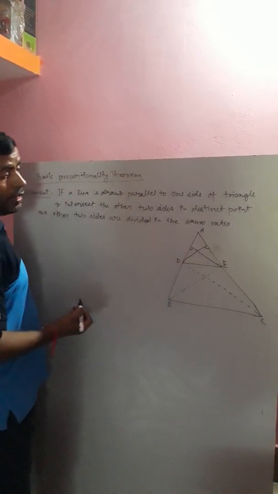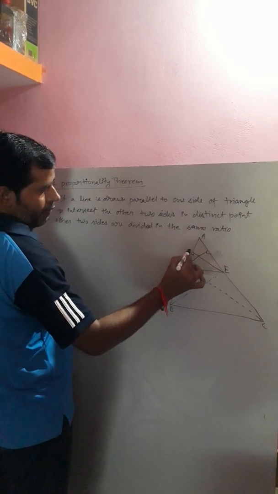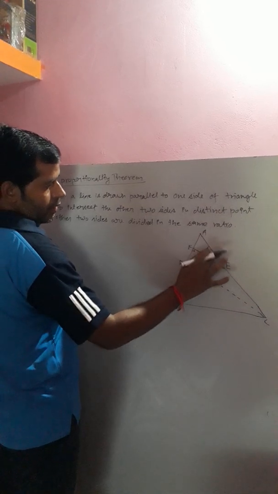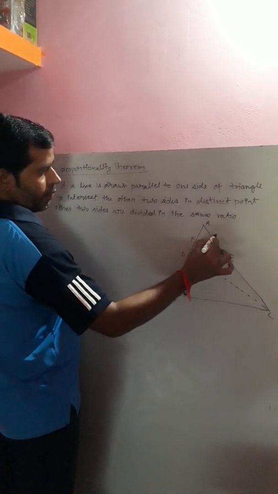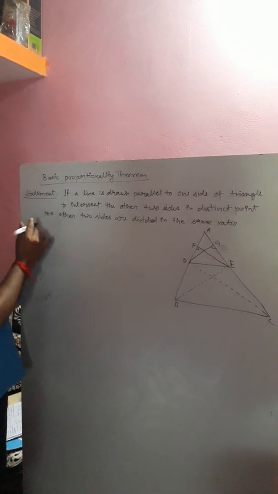So let us give names to these points. Let this be F and this be G. So what is given here?